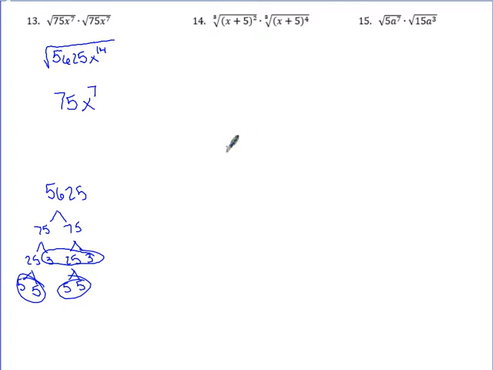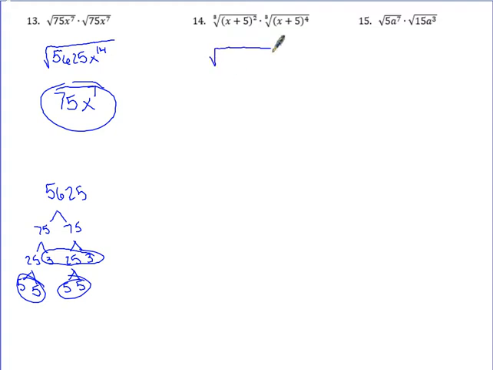The super fast way to do this is to remember that there's a rule. If I'm multiplying something times itself and they are both in the square root, then the final answer is just that thing without the square root. So in here we have the cube root of (x plus 5) squared and the cube root of (x plus 5) to the 4th.